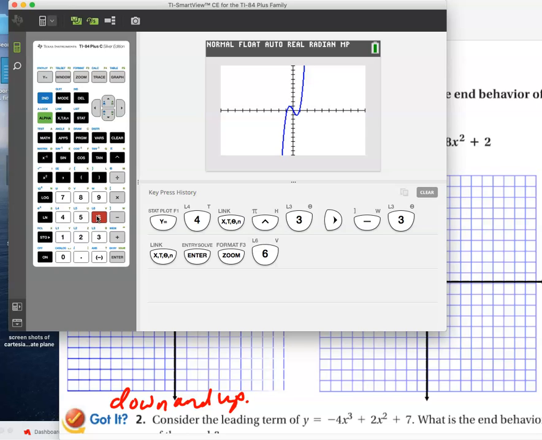Now, that end behavior is exactly what I expected to happen. Down and up. Because this is where the arrows would go if our graphing calculator allowed us to put arrows on there. So down and up.